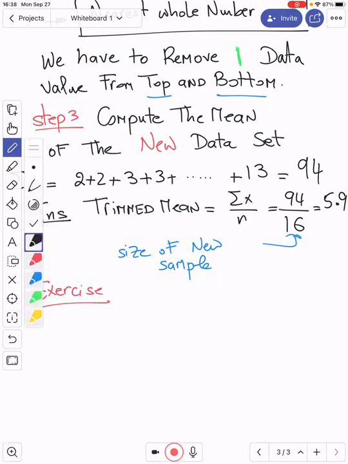Exercise. Okay, so let's say you have the following data set.